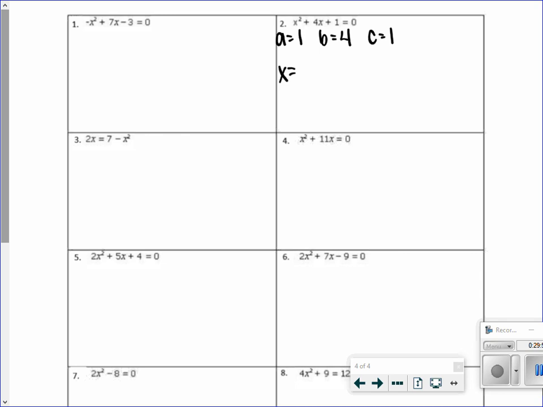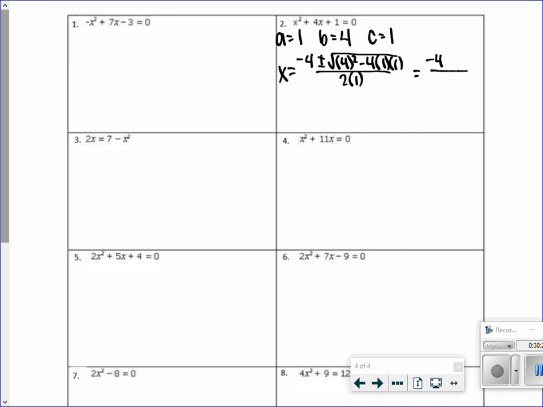Which means you're not just plugging the whole thing in the calculator. So negative b plus or minus the square root of b squared minus 4ac all over 2a. Break it down into those three different parts.